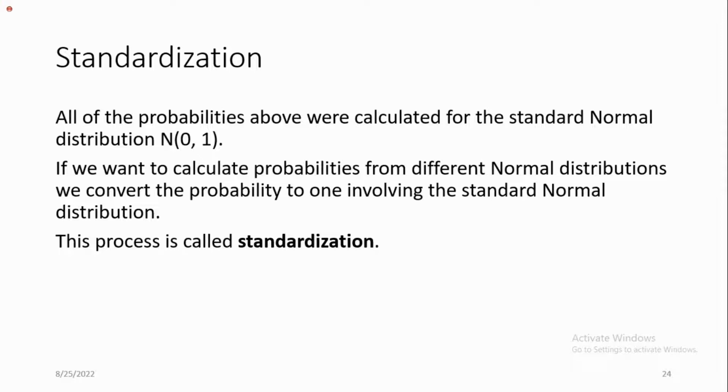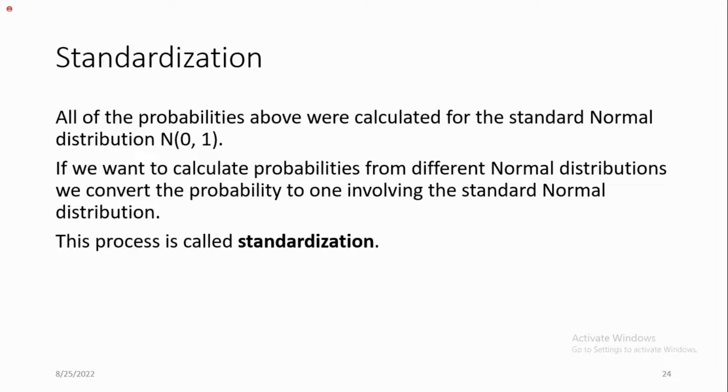Mean 0 and variance 1. Any normal random variable with mean 0 and variance 1 is named a standard normal random variable. Okay, so your Z score is like a Z random variable. Okay, I will come to that part later about your Z score.